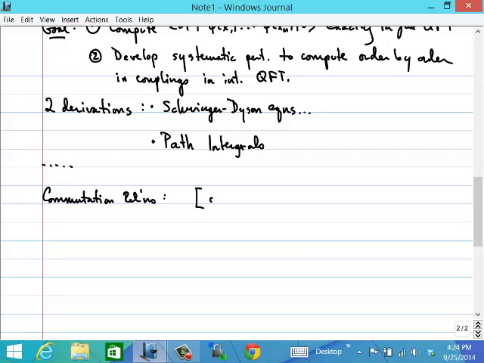Let's say we have a scalar field at a position x and some time t. Then we know that its commutator with the scalar field at a different position but at the same time is equal to 0. That's just the analog of the statement that the operators x and y in quantum mechanics commute with one another.